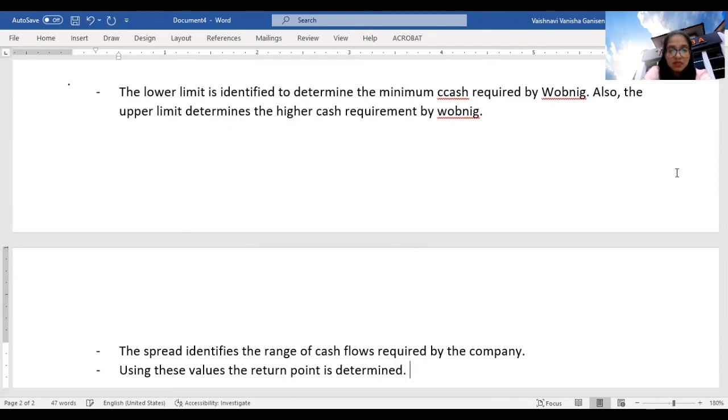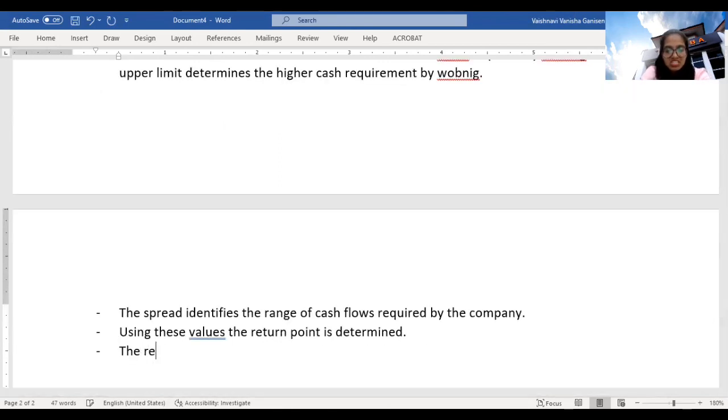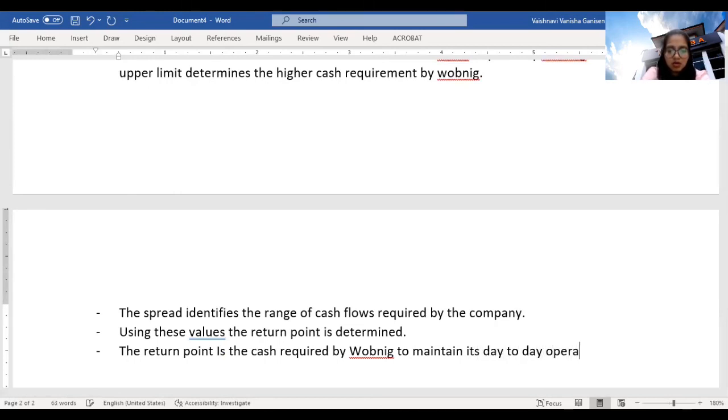Now you need to explain to him what is the return point. So the return point is the cash required by Wapnik to maintain its day-to-day operation effectively. Now he asks you how you use these values to manage your cash balance.